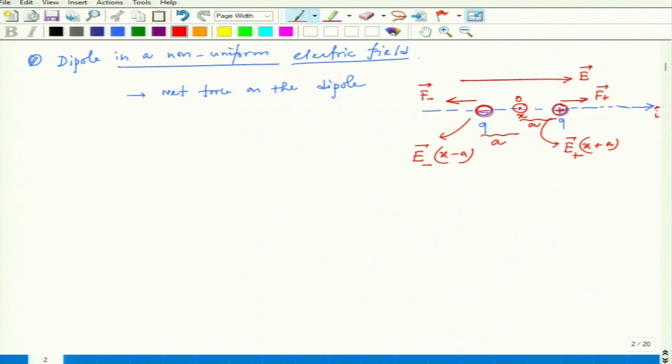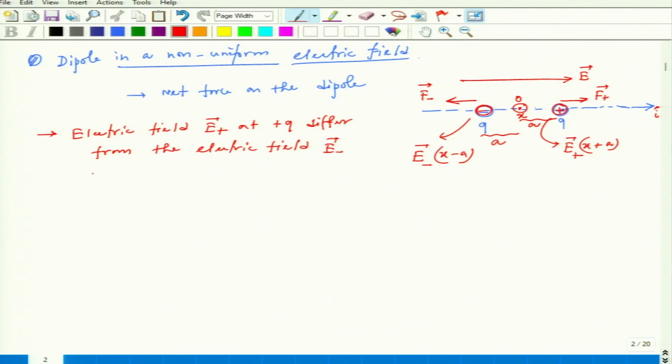The electric field vector E plus differs from E minus. So E plus and E minus are different, and that is why we say the electric field is non-uniform.